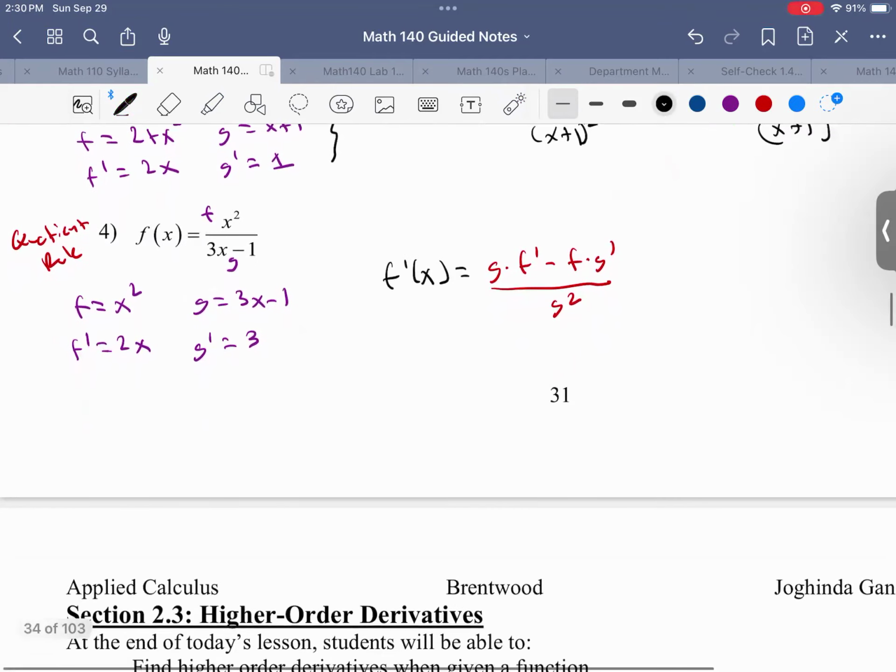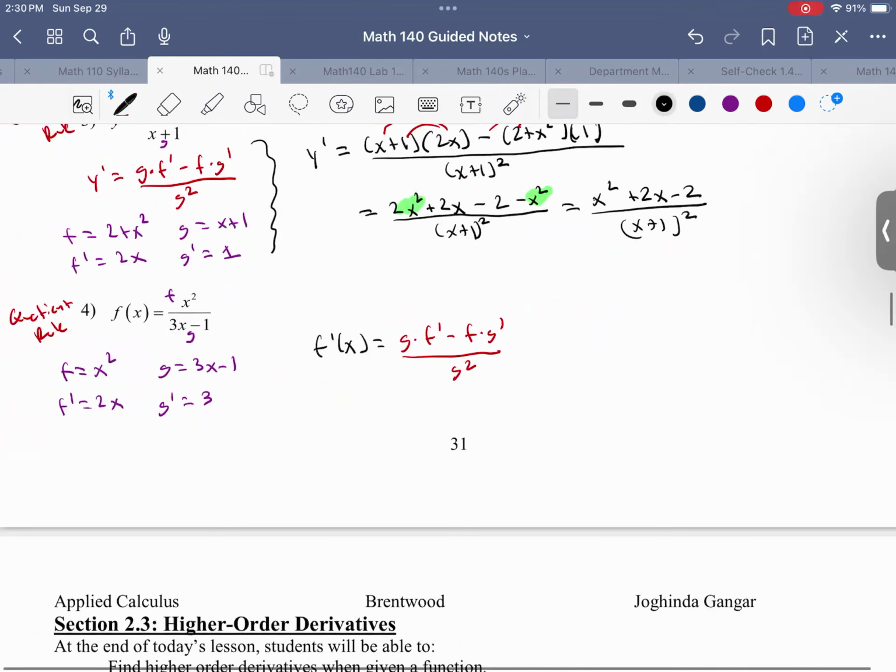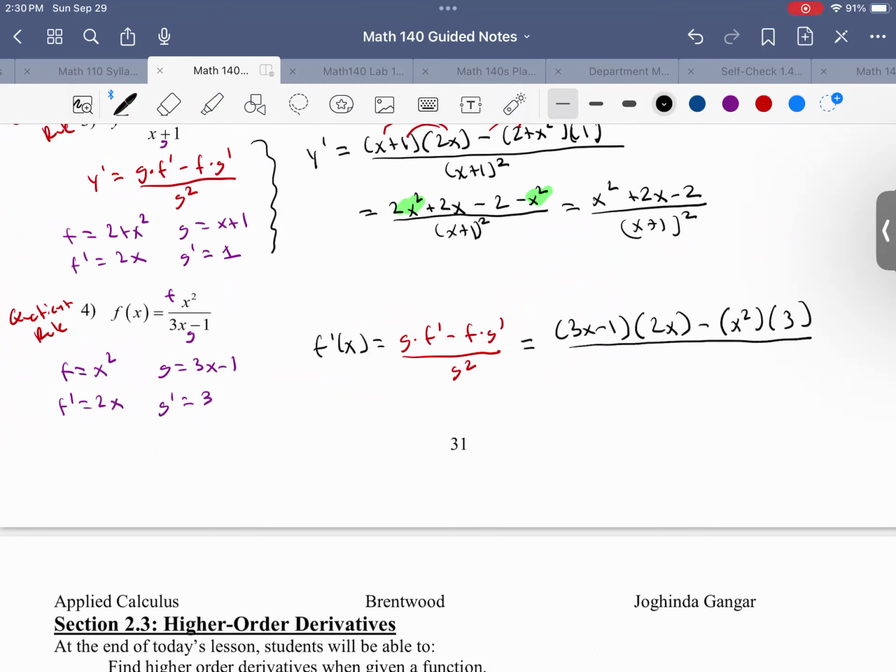So this just becomes g, which is 3x minus 1, times f prime, which is 2x, minus f, which is x squared, times g prime, which is 3, all over 3x minus 1 squared. Okay, so give it a shot. Try and simplify this for a minute or two, and then we'll come back and look at the solution.